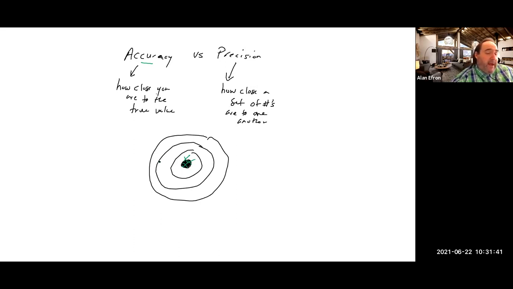Sometimes we calculate for accuracy what is referred to as percent error. Percent error is basically how close you are to the true value. And when we calculate something like percent error, we typically are looking for a small number. Any questions on the difference between accuracy and precision?